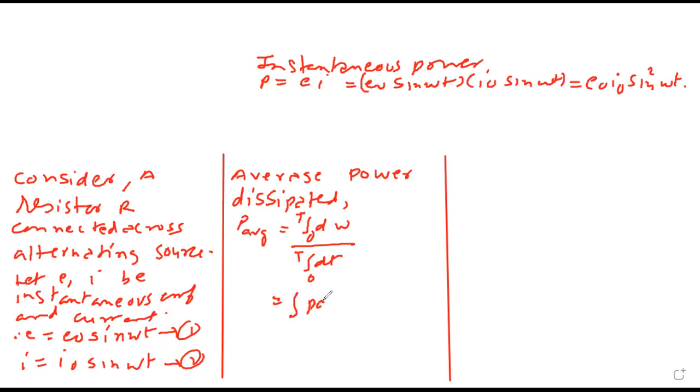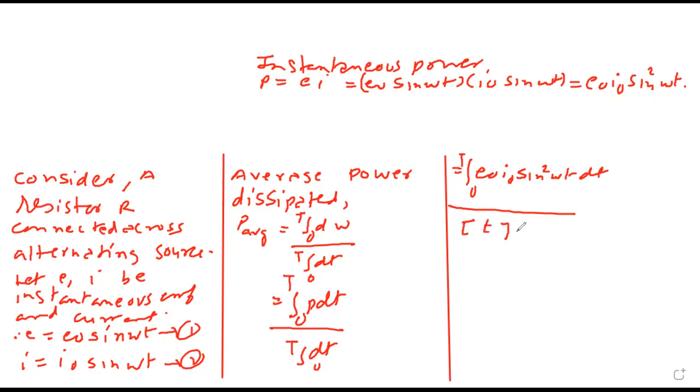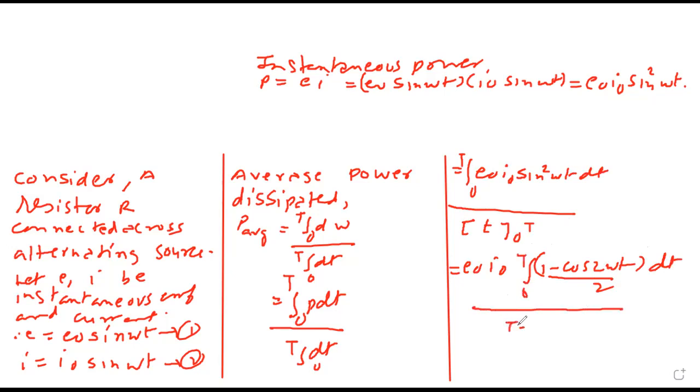So work done is P dt from 0 to T, integral of dt for one cycle. So this is E naught I naught sine square omega t dt from 0 to T. Integration of dt is T from 0 to T. So E naught I naught sine square is 1 minus cos 2 omega t upon 2 dt from 0 to T upon T minus 0.